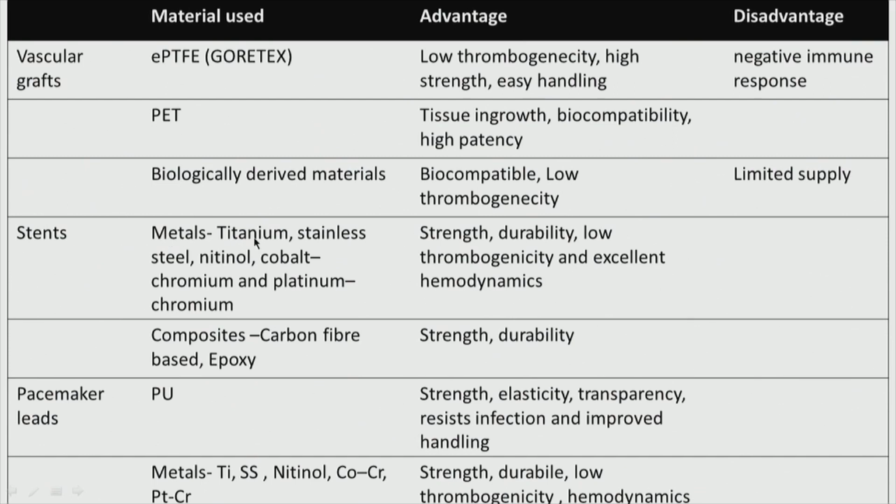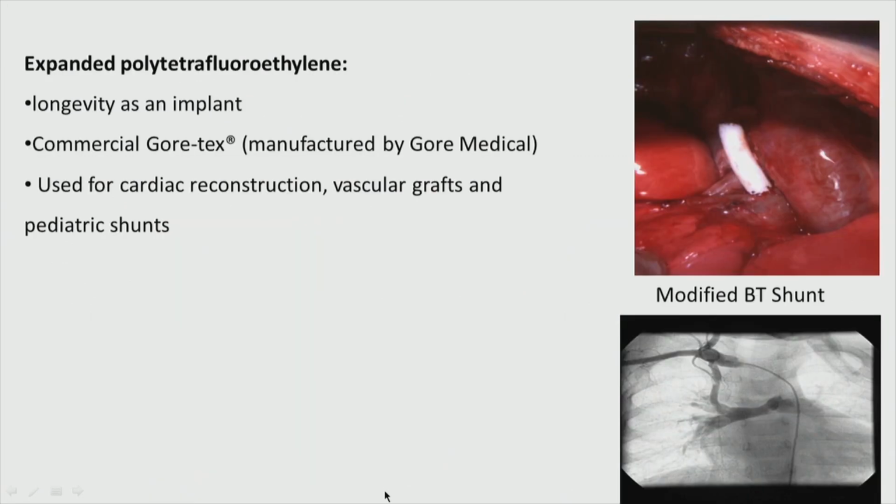Originally titanium was used, then stainless steel, nitinol, cobalt chromium, then again coated stents, drug eluting stents, they are very good, durable, low thrombogenicity, excellent hemodynamics. Composites, carbon fiber based epoxy, are also very good in strength. Pacemaker leads: polyurethane, metals like titanium, stainless steel, cobalt, chromium, platinum and so on.